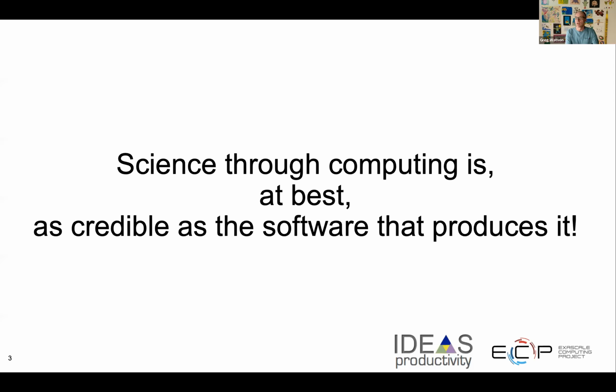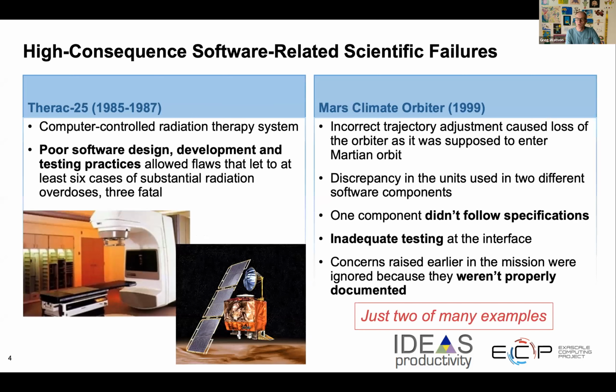If you really want to produce credible scientific advances that stand the test of time, then the software also needs to be credible, reliable and reproducible. That's what underpins this tutorial, and we want to give you some ideas and suggestions on how to achieve that.